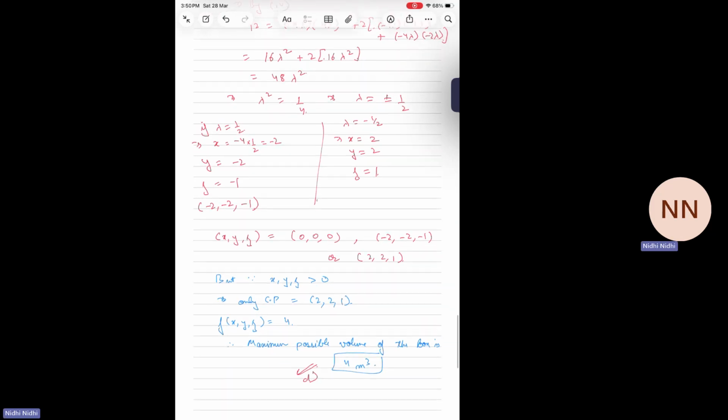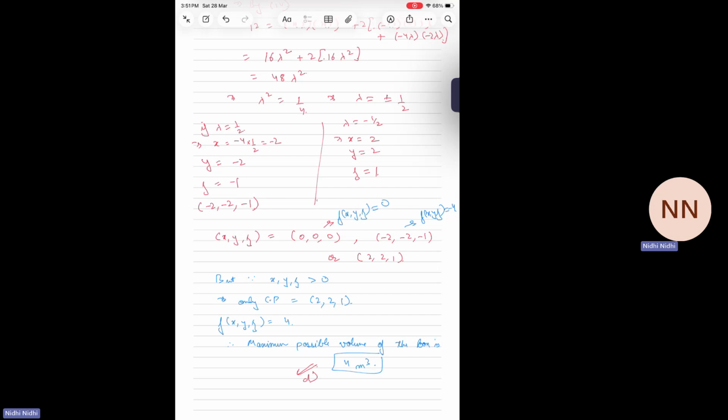In this case f(x, y, z) will be 0, and in this case f(x, y, z) will be minus 4. So the maximum value comes out at 4, and the other two cases are not even possible in a real life scenario. Therefore, the maximum possible volume of the box will be 4 meter cube when the surface area is fixed.